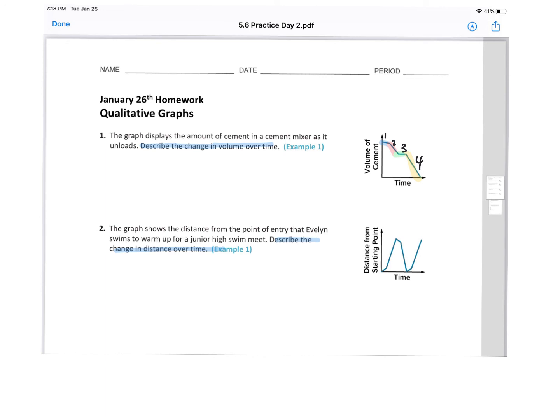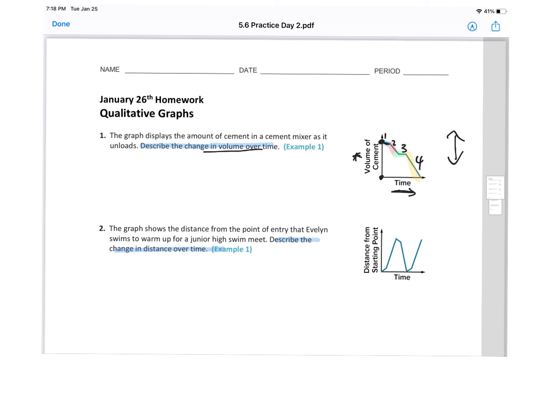So this one says, describe the change in volume over time. We're working with cement in a cement mixer. And it says it's unloading over time. So here's how much is in the cement mixer on this up and down. Okay, and here's as time goes by. So it looks like to start with, after 0 seconds, there's a bunch in the cement mixer. And it looks like it slowly, at a constant rate, is unloading, right?